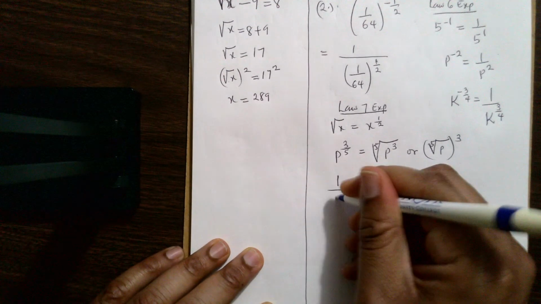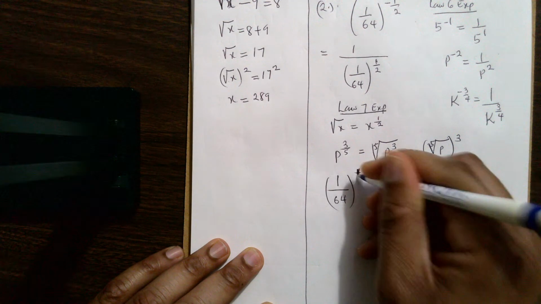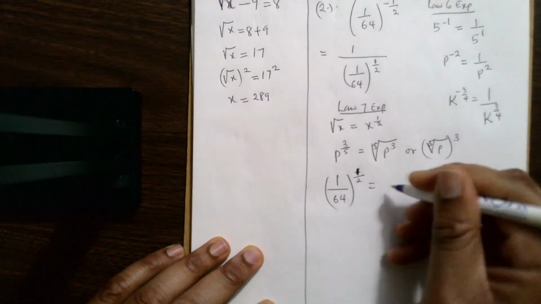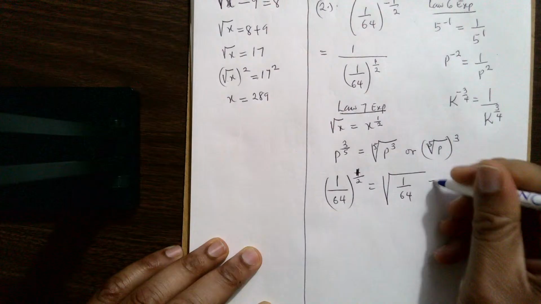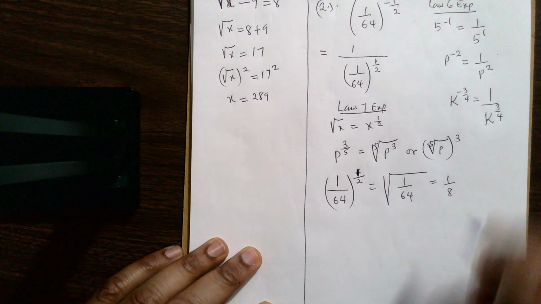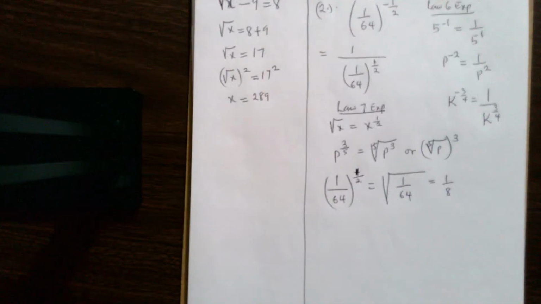So 1 over 64 exponent negative half is the square root of 1 over 64, which is 1 over 8. These are positive square roots.